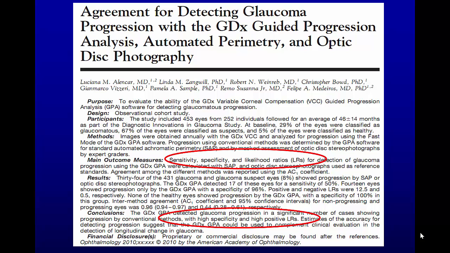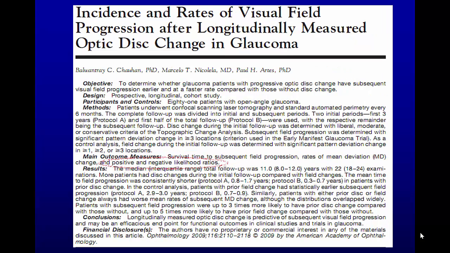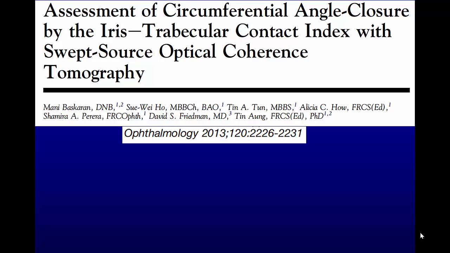And if you're using the HRT, then this article by Bal Chauhan again talks about progression using the HRT, but they again report only likelihood ratios and presume that you know how to use it. If you come to angle closure in glaucoma, then again the articles report likelihood ratios, positive and negative.